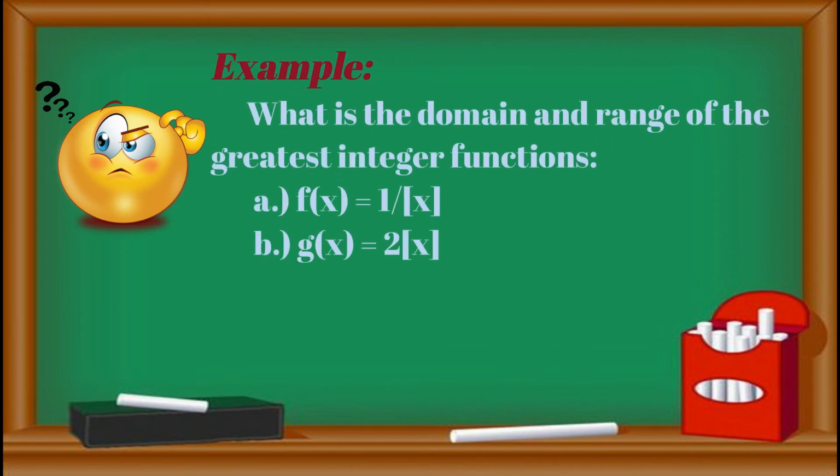Example: what is the domain and range of the greatest integer functions f(x) = 1 over the greatest integer less than or equal to x, and g(x) = 2 times the greatest integer less than or equal to x?